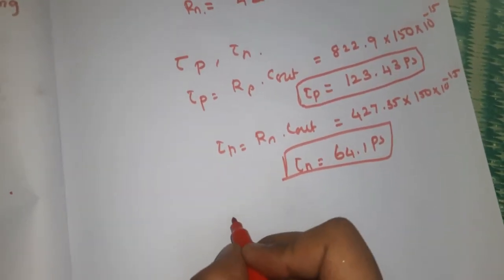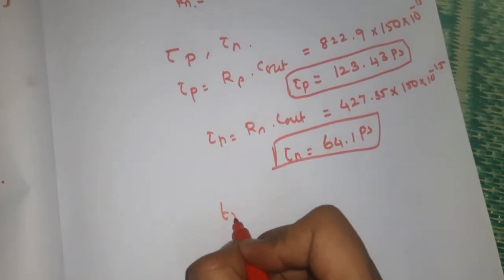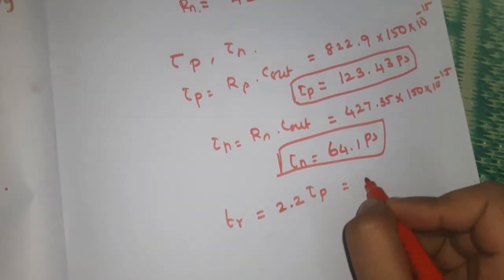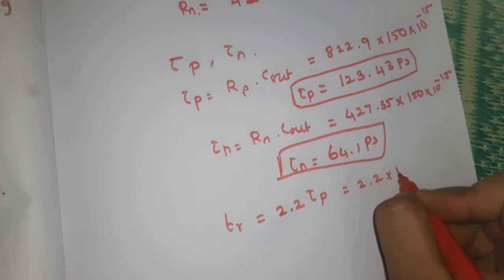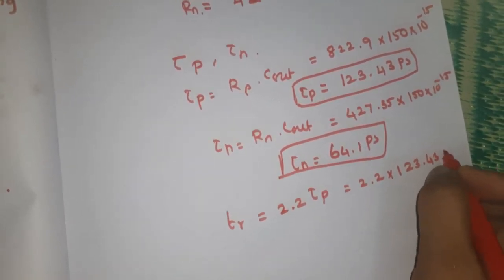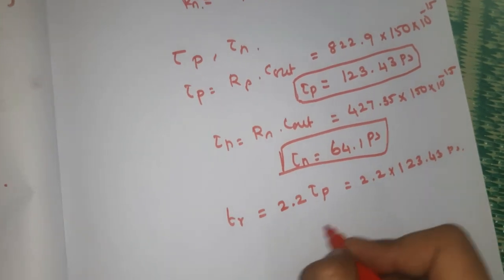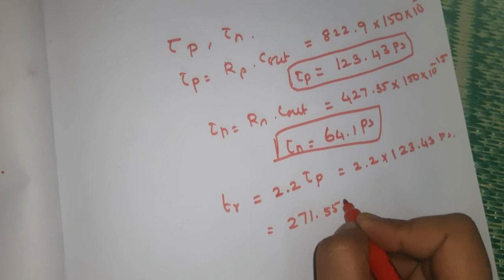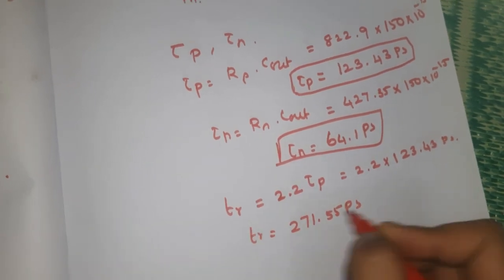So from that we can find TR or rising time, that is equal to 2.2 tau P, that is equal to 2.2 into 123.43 picoseconds. So that will give us 271.55 picoseconds. So this is TR.